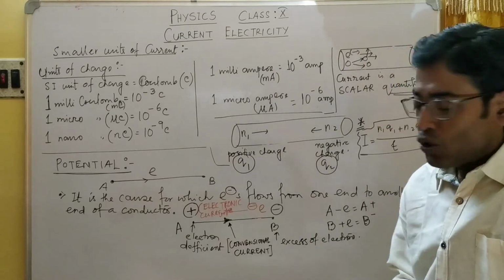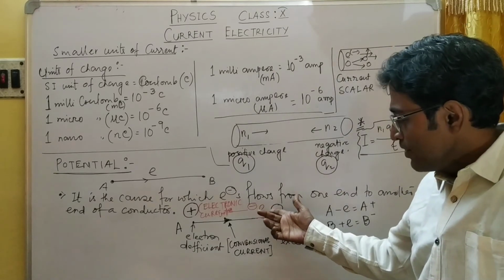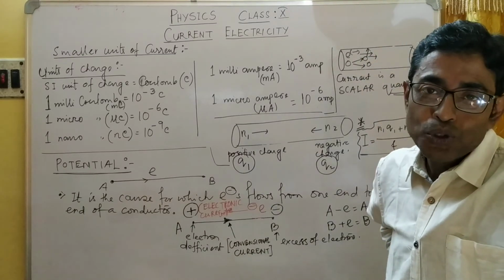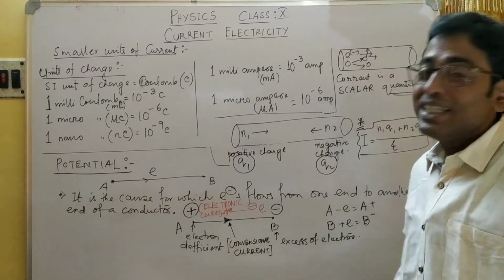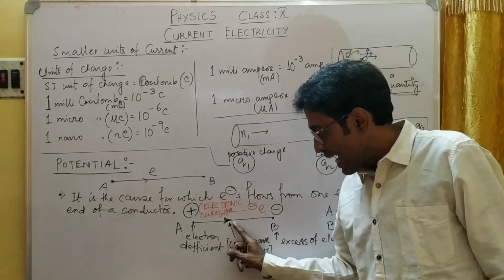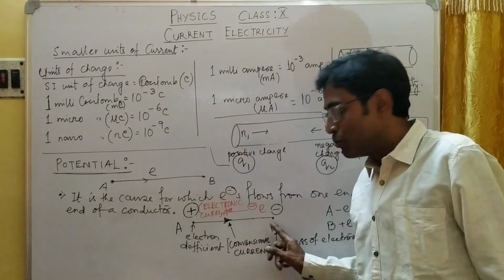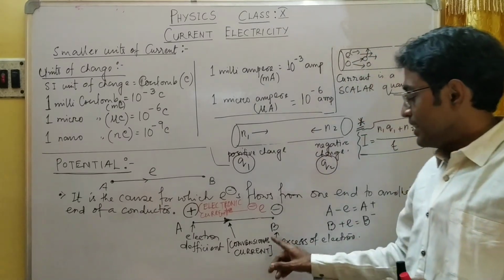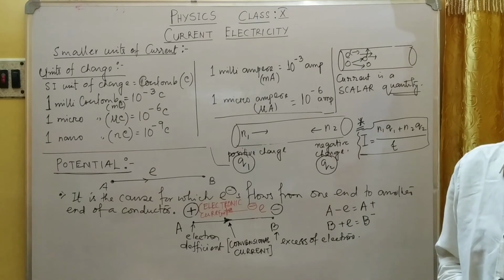So electrons always flow from negative to positive. The direction in which electrons flow through a conductor is called electronic current. And we put the arrow from positive to negative when representing current in a circuit. That direction is known as conventional current.